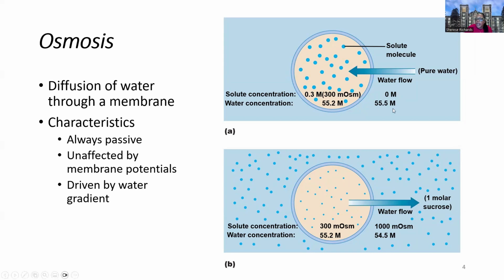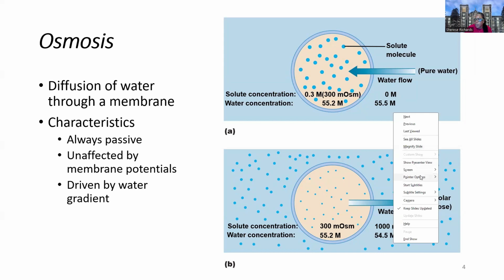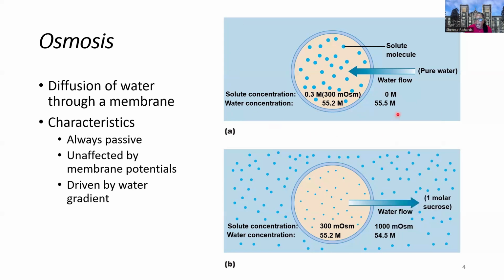So if we look at these two scenarios on the right here, we can think about scenario A. There is a high water concentration outside of the cell, and then a lower water concentration inside the cell because we have solutes dissolved in the solution inside the cell. So because we have pure water on the outside, right, we have 0 moles in terms of the solute concentration, 55.5 moles in terms of the water concentration.